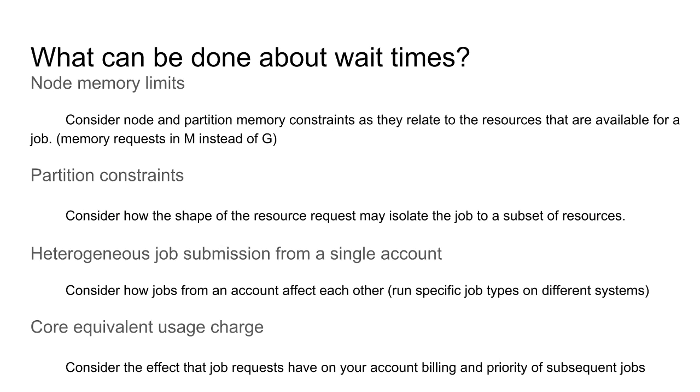So really, once we can see all these properties, what can actually be done about wait times? So we want to consider node memory limits. Consider the node and partition memory constraints as they relate to the resources that are available for a job. A very simple default behavior that can be changed is to request memory in megs instead of gigs.